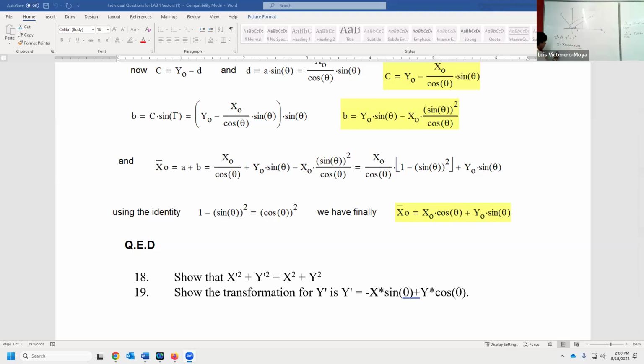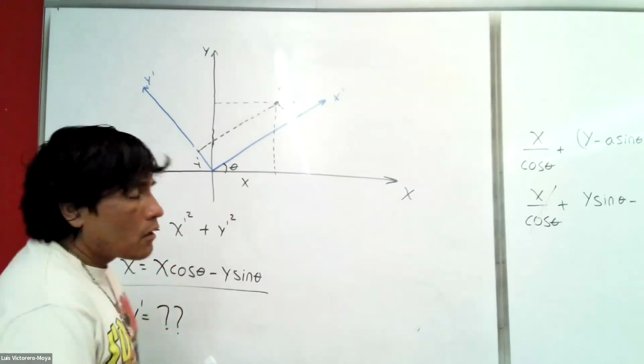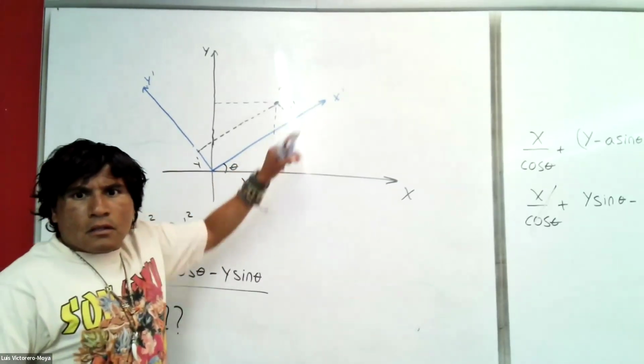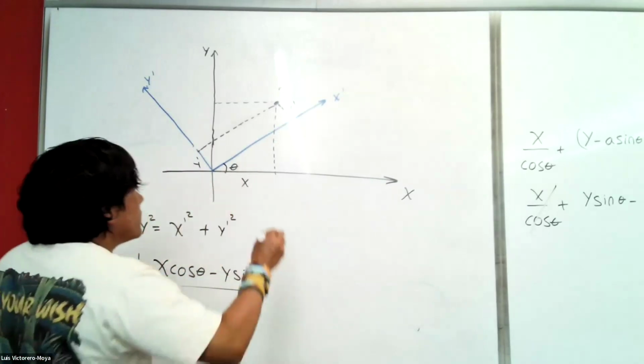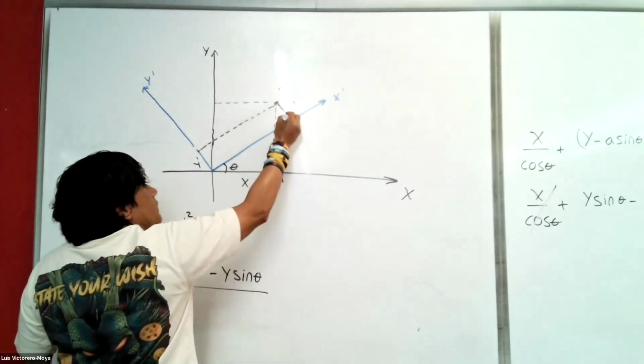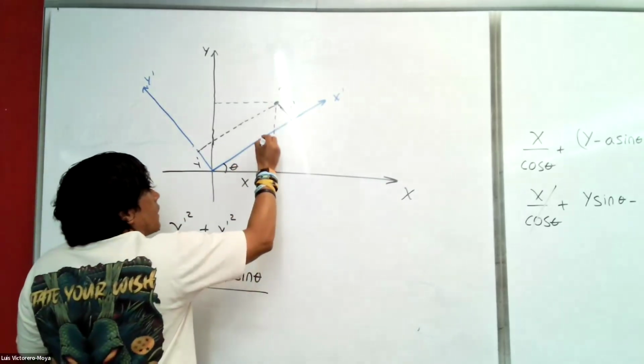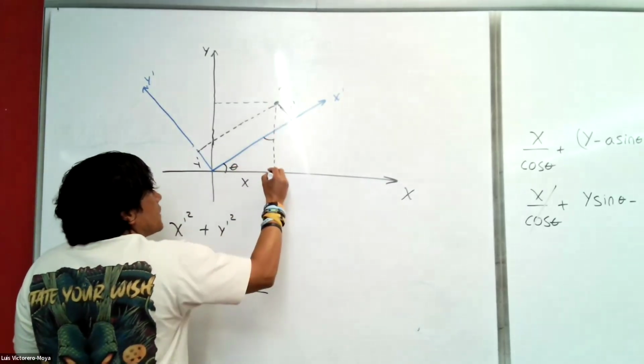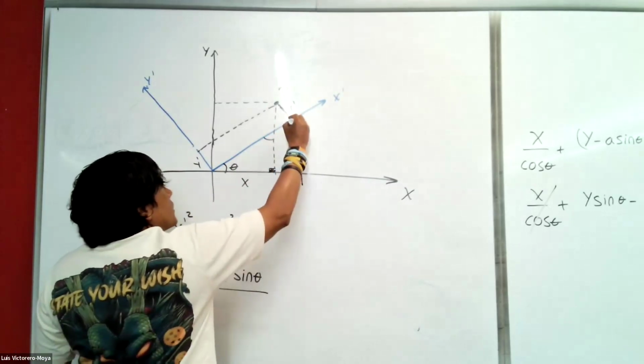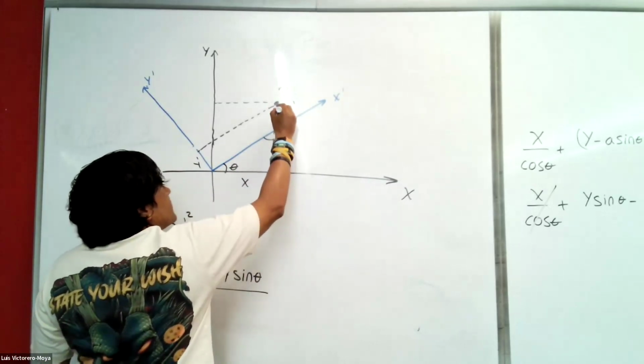So what about this proof? You need to find y prime. To find y prime, you're going to use that triangle here. It's not very clear in there, but there's a triangle here. Theta, 90 minus theta, this is 90, this is also 90, 90 minus theta, this is theta.